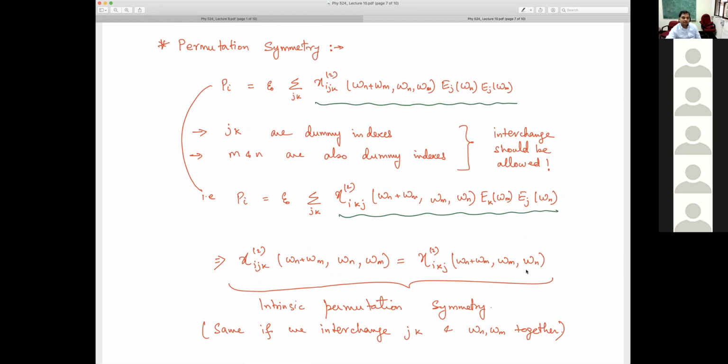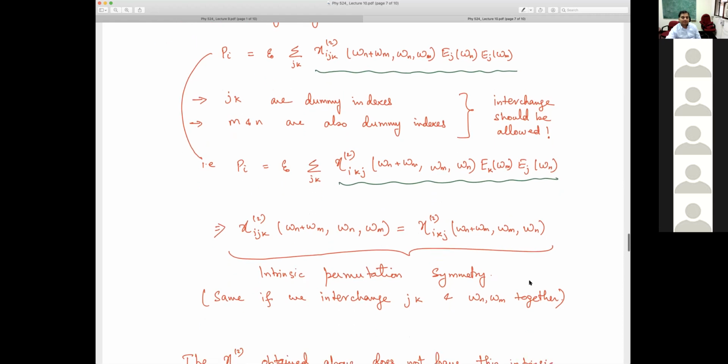And the fact that these two will be identical is called intrinsic permutation symmetry. Okay. Chi of ijk has to be, omega m plus omega n, omega m has to be chi of jk flipped. So chi of i kj, omega n plus omega m. So the total has to be the same, but the frequencies also have to be interchanged.